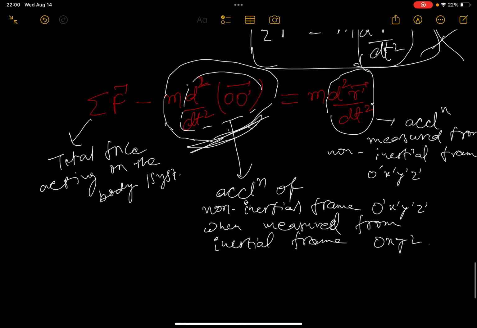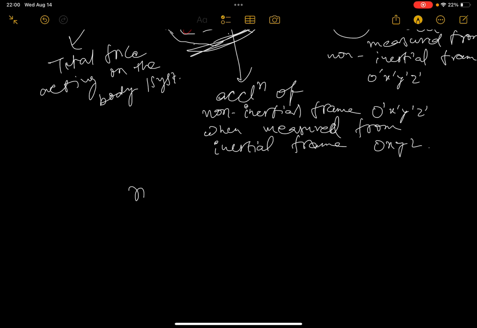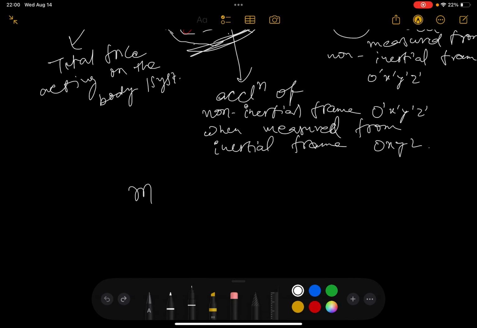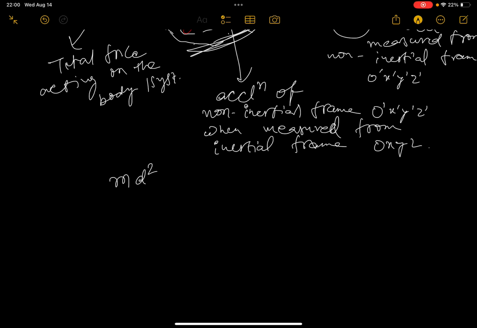So in order to write an equivalent form of Newton's second law for a non-inertial frame of reference, we have to say m d2 by dt square of r dash equals the sum of all the forces, and we have to include one more force, and that will be m a o dash.